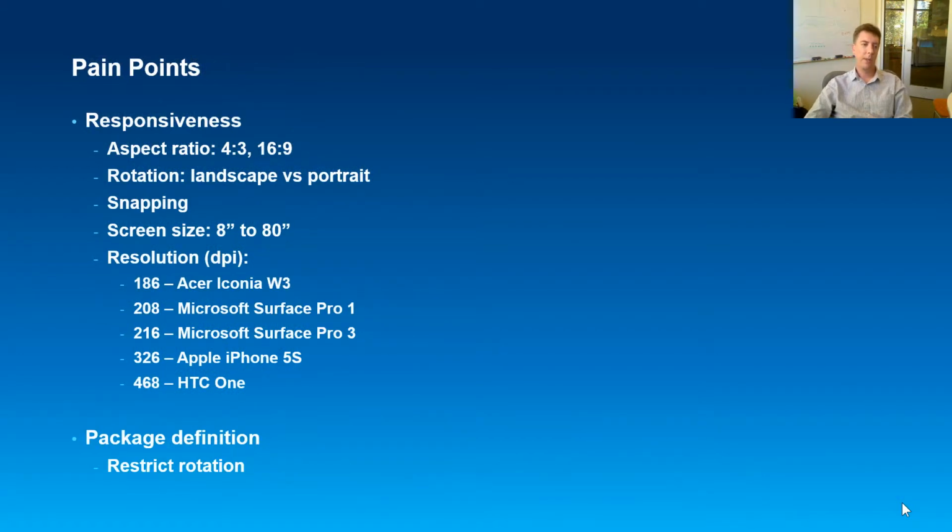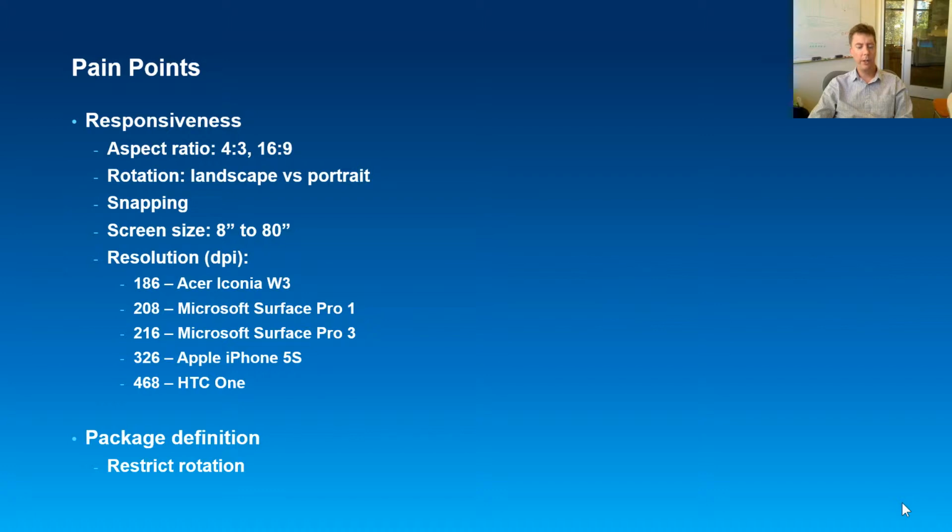There are some pain points in addition to what I just mentioned. One of them is the huge variety in sizes of screens, from small Windows tablets to very large Windows displays up to 80 inches, for example. The second thing is that big variety of resolutions. These days, screens are coming with full 1080p as standard, but there's also talk of 4K and 8K resolutions.